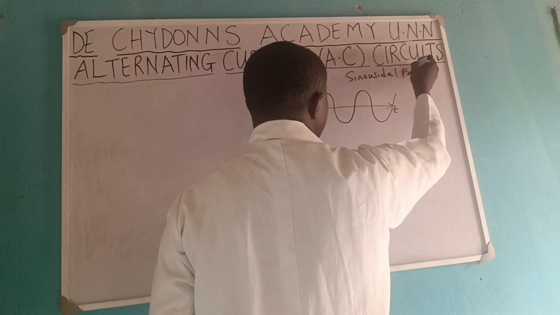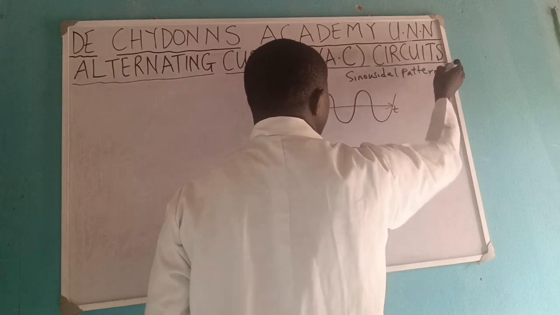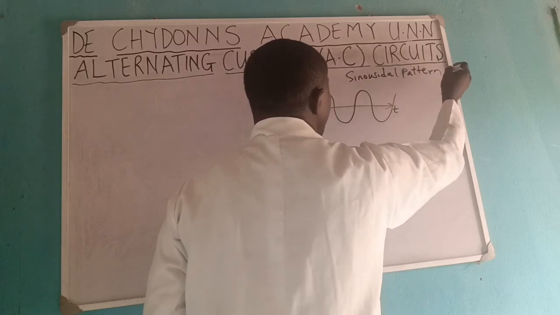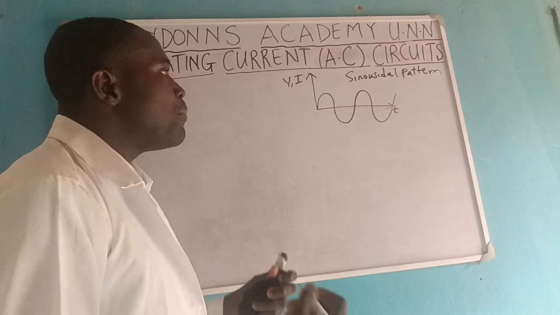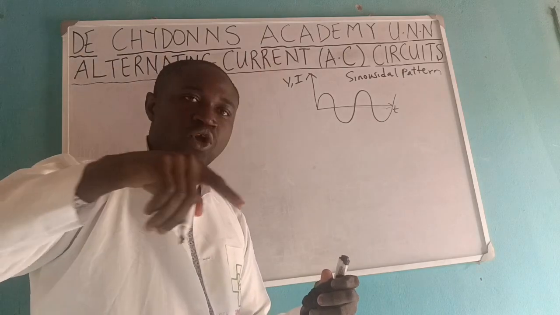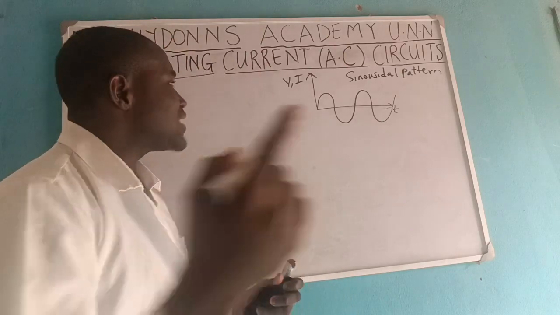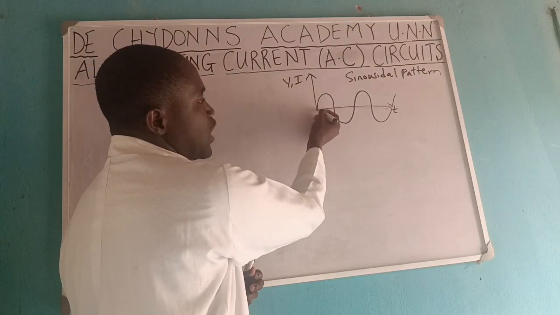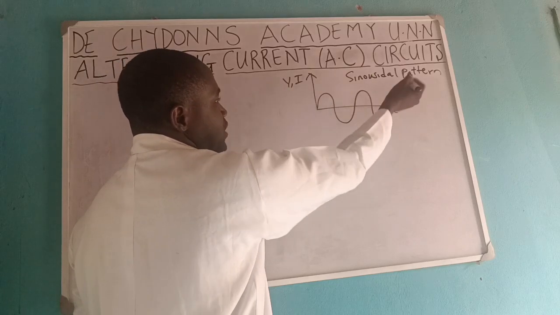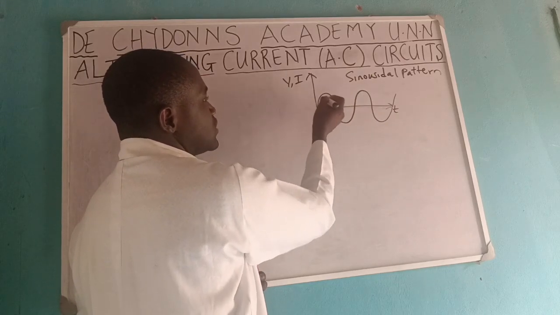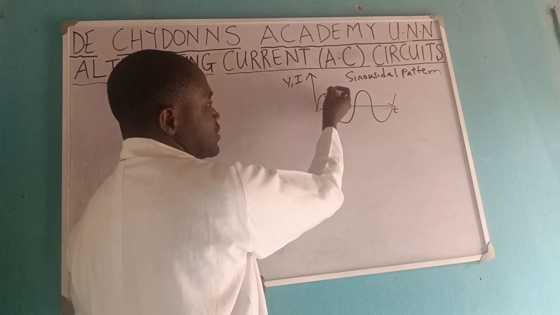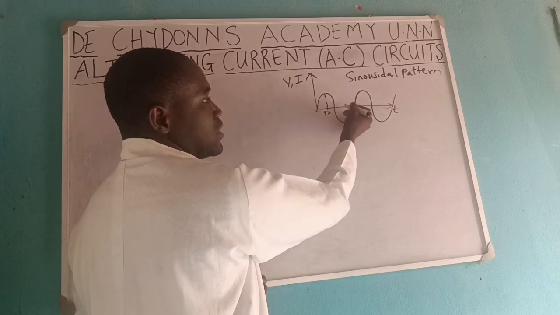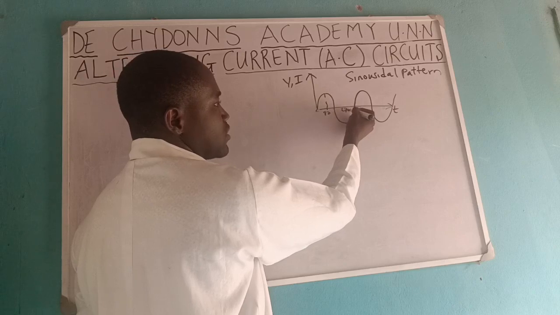Sinusoidal what? Pattern. Sinusoidal pattern simply means that it obeys the sine graph. It obeys the way we draw our sine graph. The sine graph moves like this from 0, where sine 0 is equal to 0. Sine 90, here is 90, here is 180, here is 270.